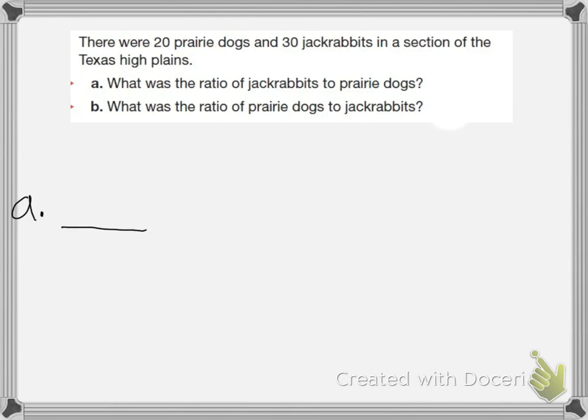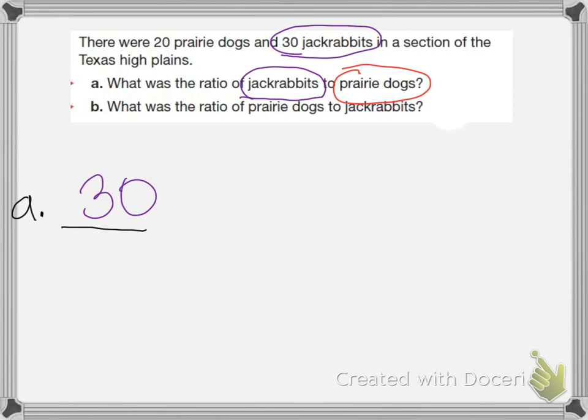So on A, it asks me to do jackrabbits to prairie dogs. That means jackrabbits are going to go on the top. So I have to look back in my problem and find jackrabbits. And there are 30 jackrabbits. So that will go in my numerator. Then I look forward to prairie dogs, and there are 20 prairie dogs. So 20 goes in my denominator for A.